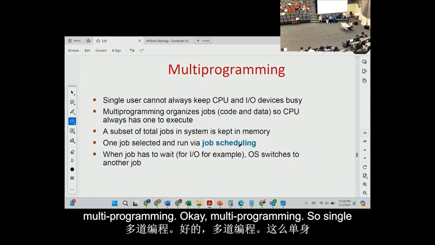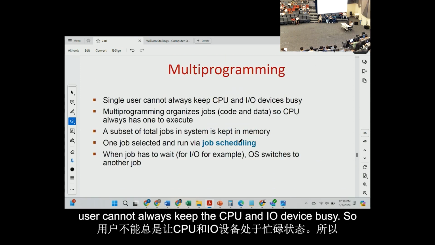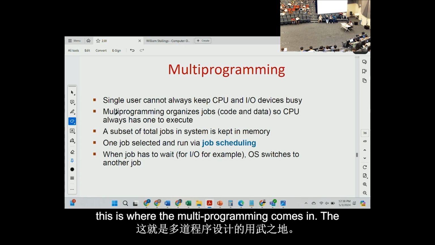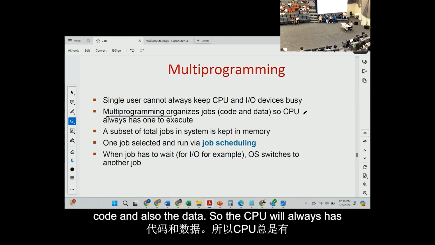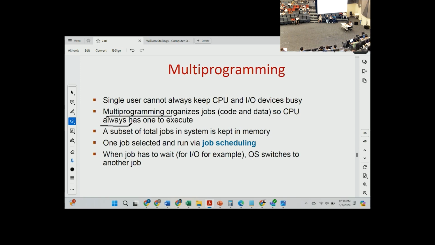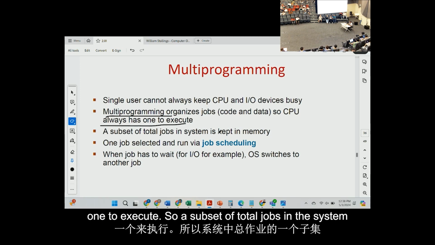And then we have multi-programming. A single user cannot always keep the CPU and I/O device busy. So this is where multi-programming comes in. Multi-programming will organize the jobs, which are the code and also the data, so the CPU will always have one to execute.